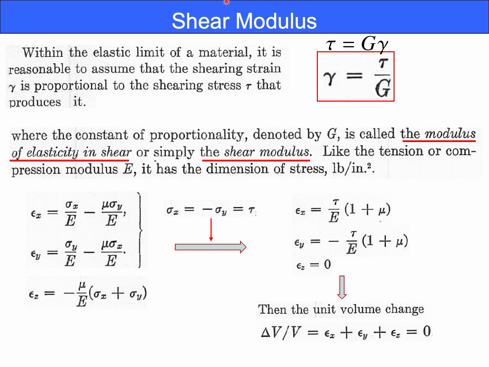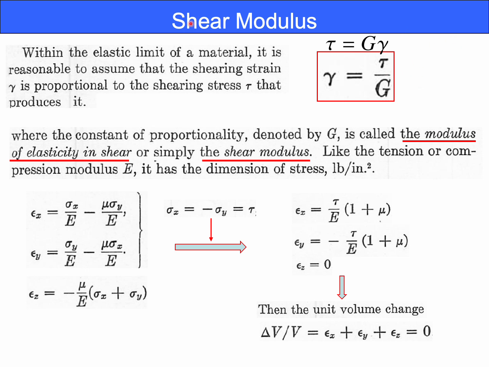Conversely, tau can be considered proportional to gamma as well. Therefore, we can write tau equals G gamma, where G is the constant of proportionality, which is called modulus of elasticity in shear, or simply the shear modulus.